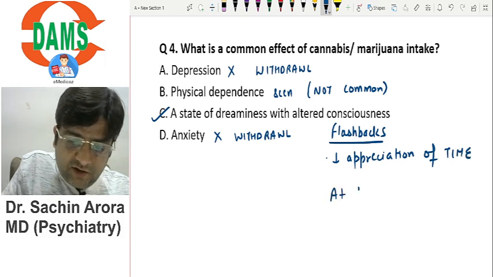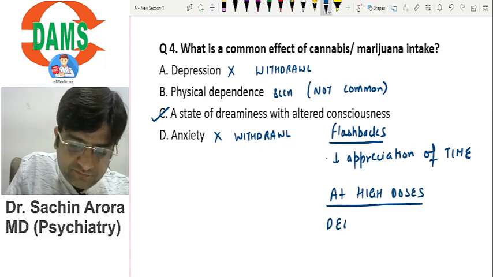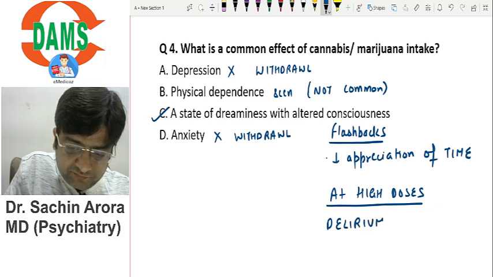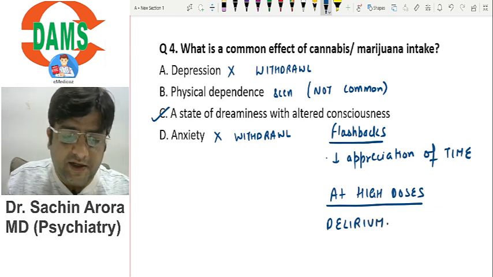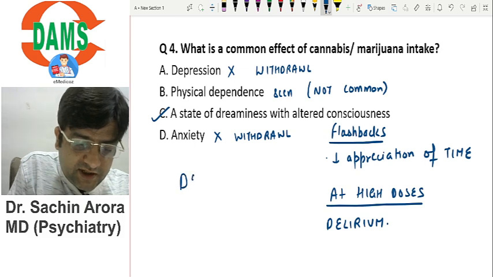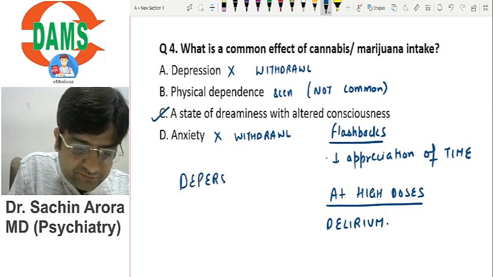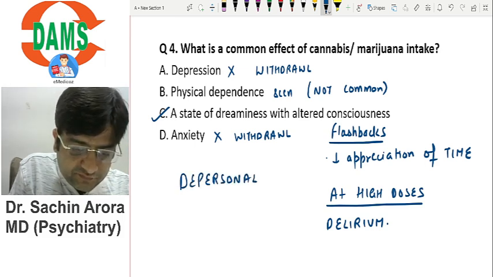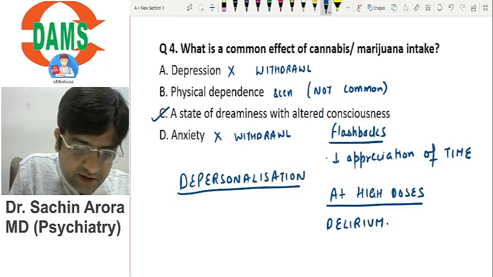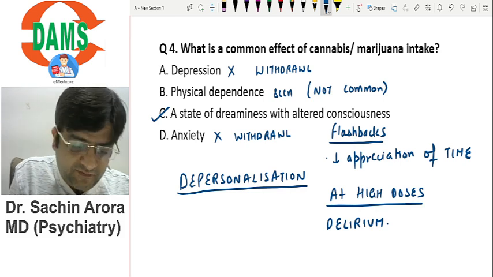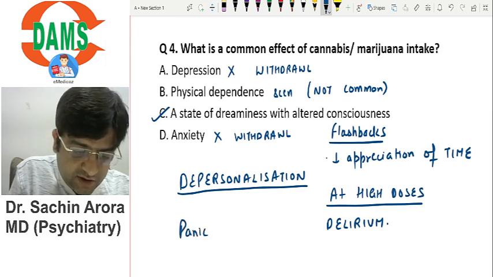At very high doses, it can lead to delirium. Cannabis can cause a depersonalization-like state, detached from self. Cannabis can cause a panic reaction-like state.